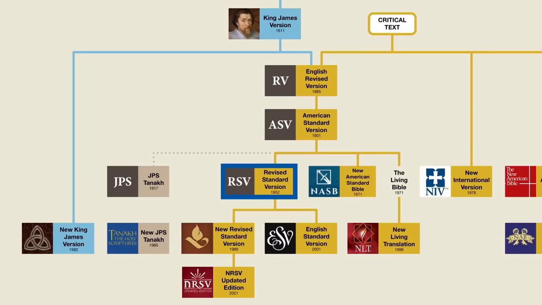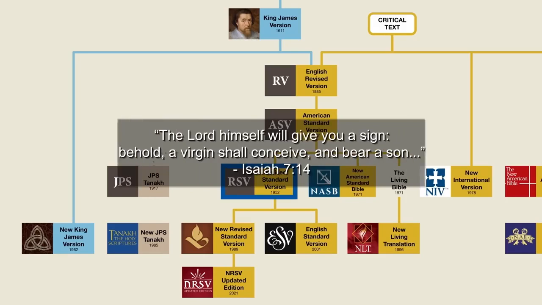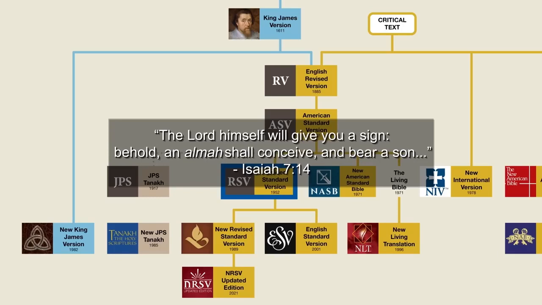However, the RSV ended up being controversial, mostly because of how it translated Isaiah 7:14. In the previous version, this verse read, "The Lord himself will give you a sign. Behold, a virgin shall conceive and bear a son." The Hebrew word for virgin there is alma, and it actually just means young woman.